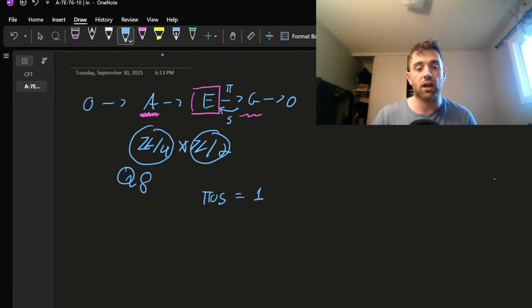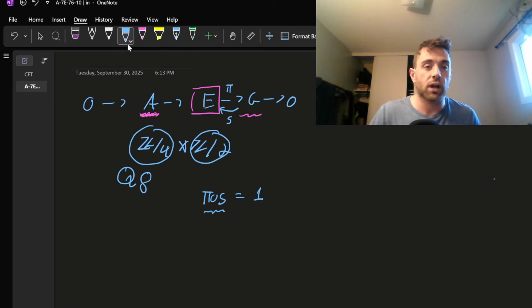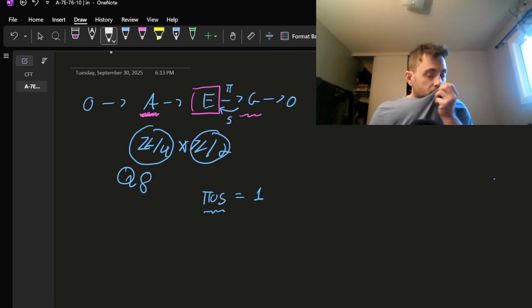That is to say, S was a group homomorphism such that this condition was satisfied. What we're going to do now, so what happens in the more general case, if E is possibly not a semi-direct product, we're now going to allow ourselves the greater generality where S need not be a group homomorphism. It's simply going to be a set theoretic section.